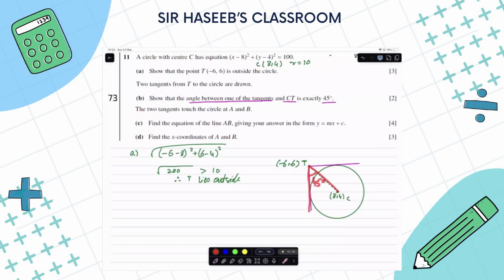That's what we need to show. Tangent to radius is 90, right? We just figured out that this is root 200. Radius is 10. Can we get this angle? Sine x equals 10 over root 200, isn't it?